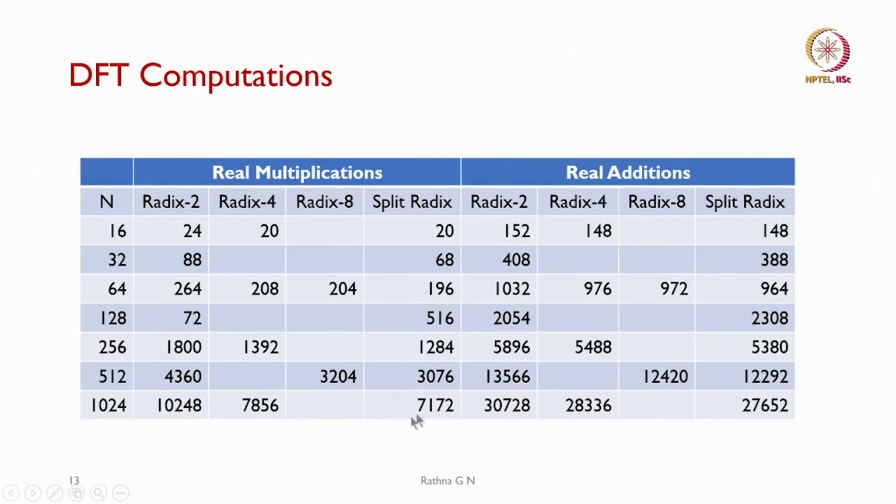In split radix you can still come down to 7172. The same holds for real additions: it takes 30728, whereas radix 4 takes 28336, and split radix is still lesser.